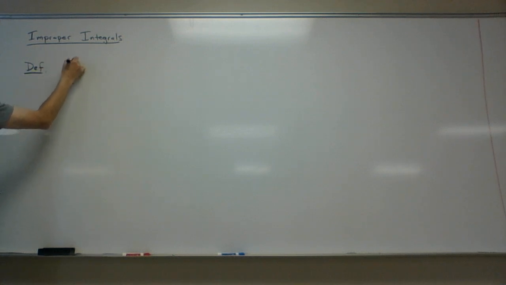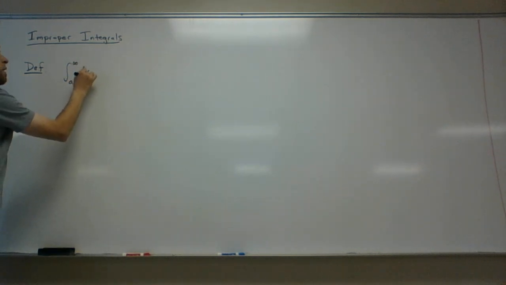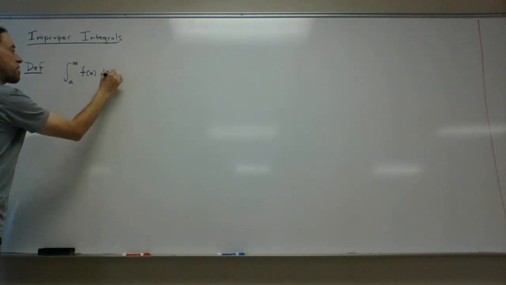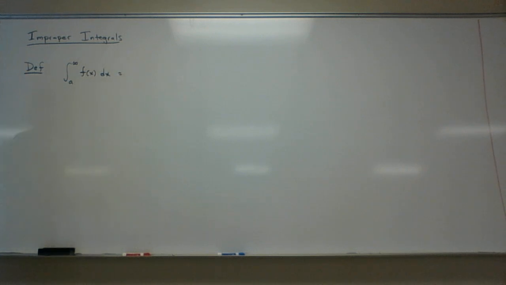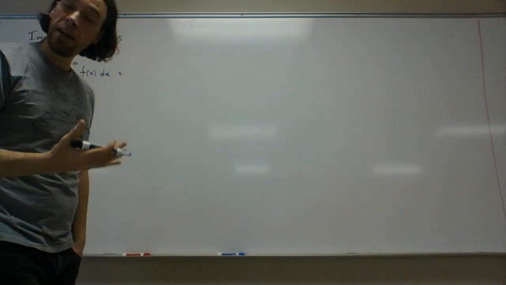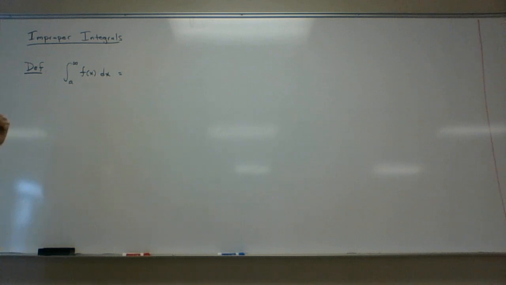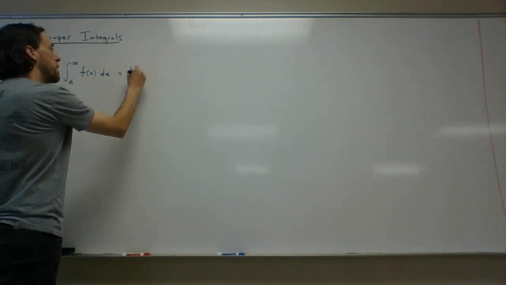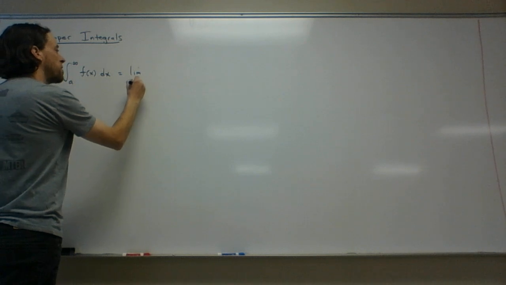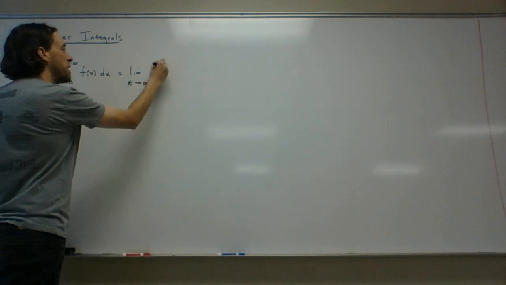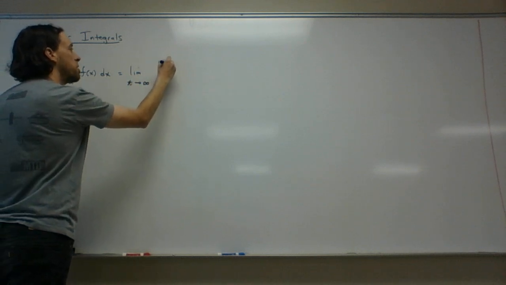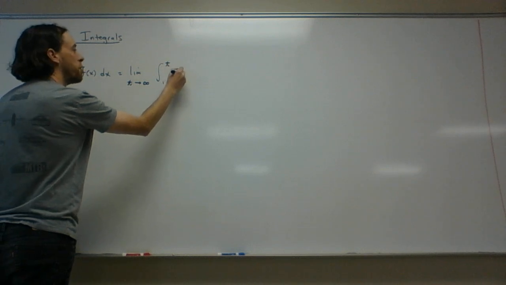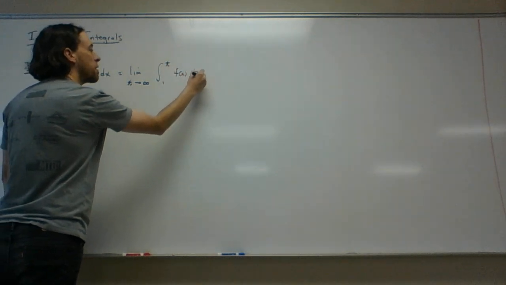The integral from a to infinity of a function, f of x dx, is, by definition, of course we don't have a definition for this, but by definition, this is going to be the limit as t approaches infinity of an integral from 1 to t of our function f of x dx.